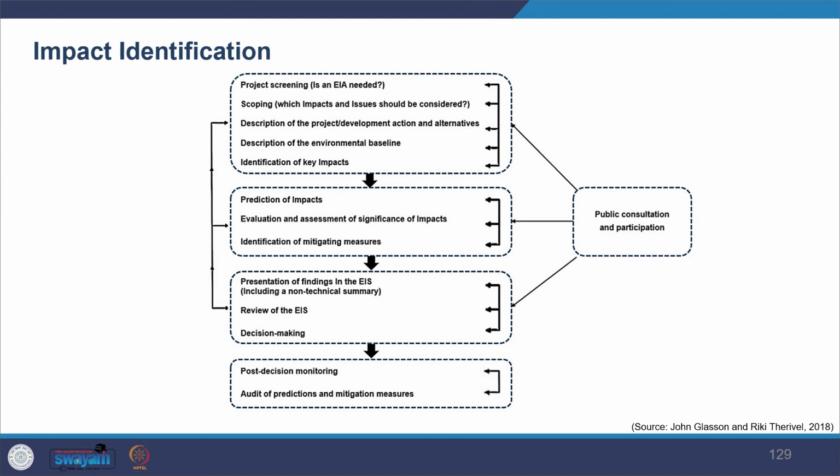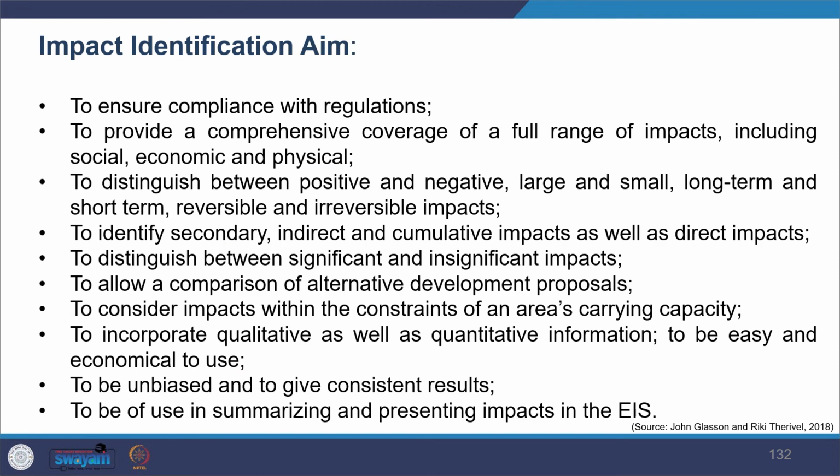Now looking at impact identification. In the initial stage, you find out what kind of impact would happen in the project. With that basic impact, you try to find out what the positive impacts are and what the negative impacts are.